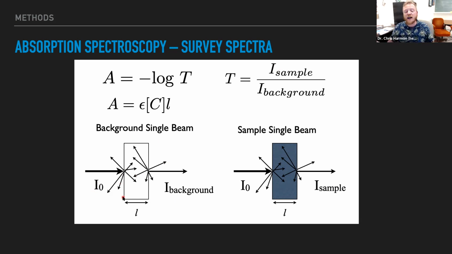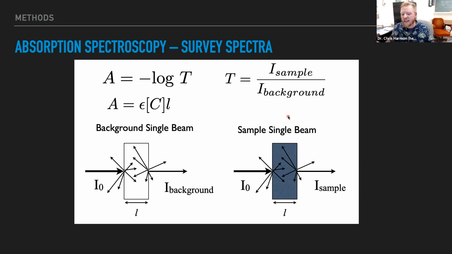But if we've done a careful job doing our spectroscopy, ratioing our sample to our background, then we ratio out all of those scattering events. So if you recall in your Chem 109, when you have to put the cuvette into the spectrometer in this very precise way, it's because you want to normalize out all of these scattering events.